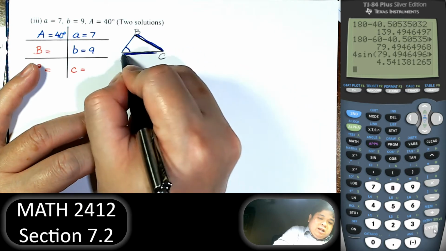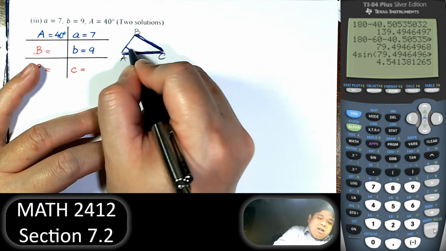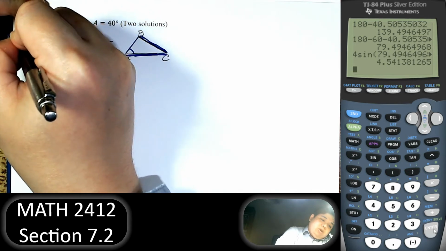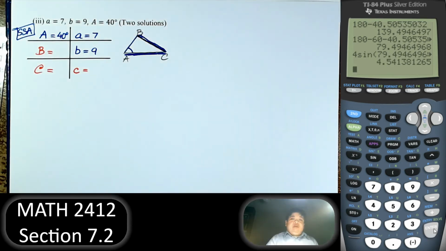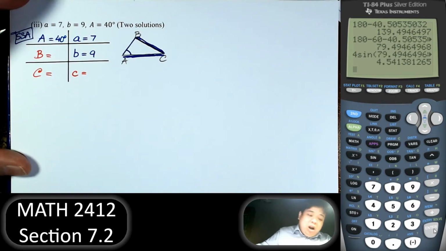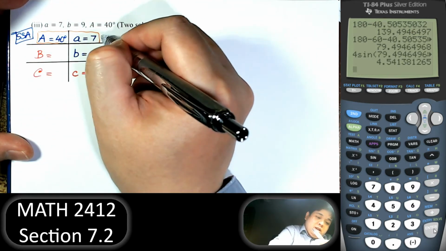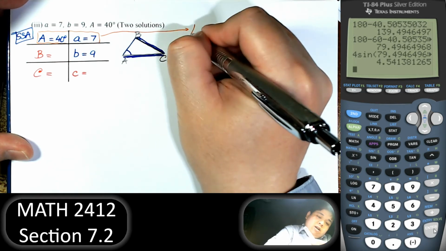So once again, this side, that side, and the angle not in between. So two sides and the angle not in between them. So I have to be careful in these scenarios. Regardless, we have a pair of opposite side and angle. So this is the law of sines.